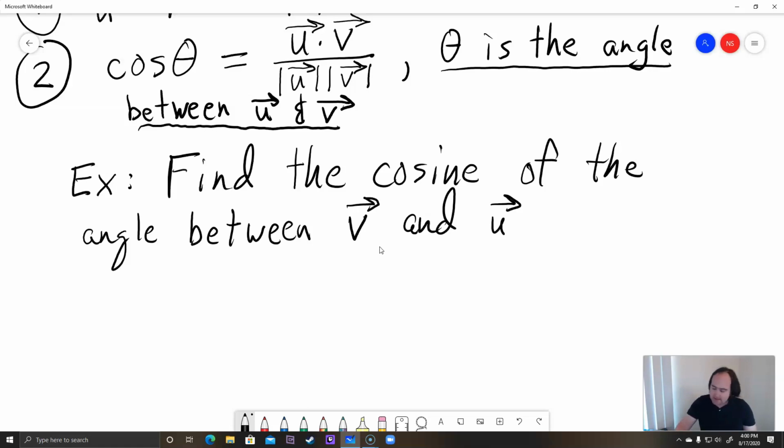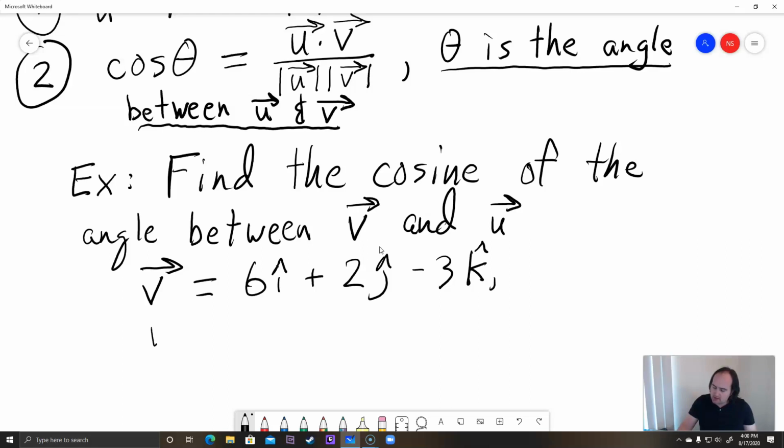Vector v is going to equal 6i hat plus 2j hat minus 3k hat. And again, those hats are going to be actually just bold on your homework. And then the other vector is going to be u. So here our u is 8i hat plus 15j hat.